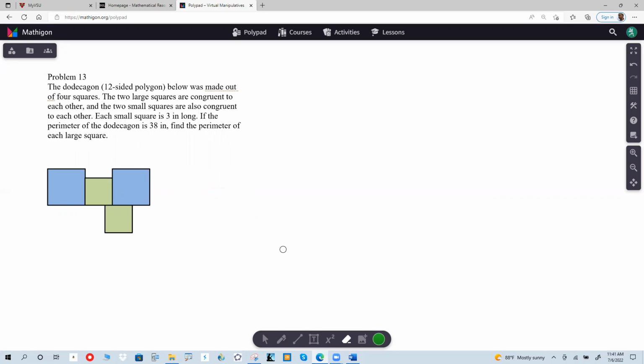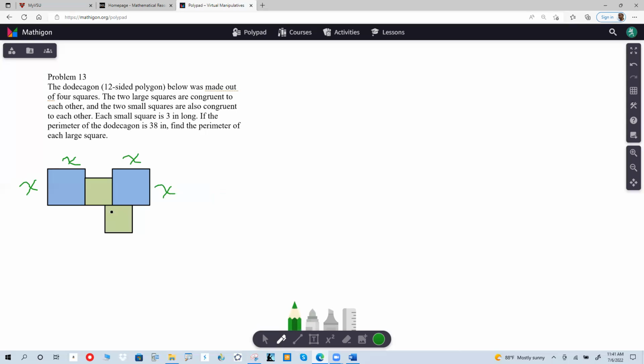Very carefully, suppose each side of the blue square is X. You can call it anything you want. I'm going to call it X. Again, each side of the blue square is X. This is X. This is X. This is X. This is X.